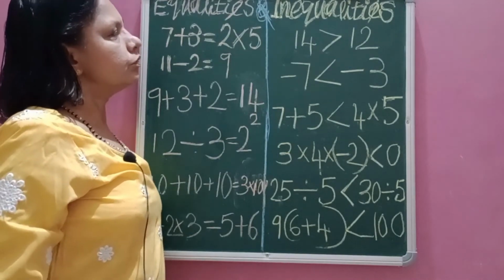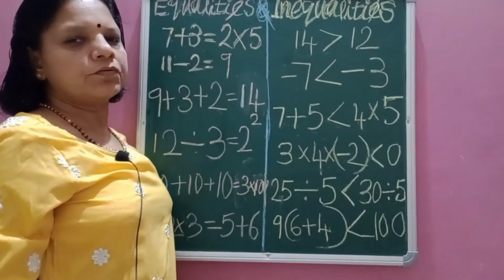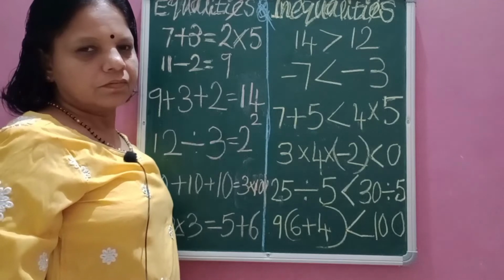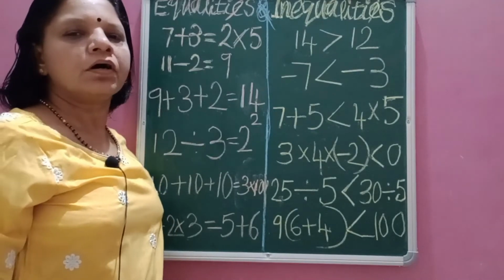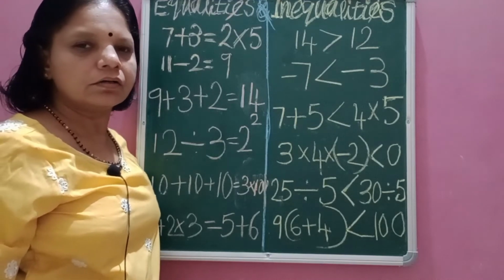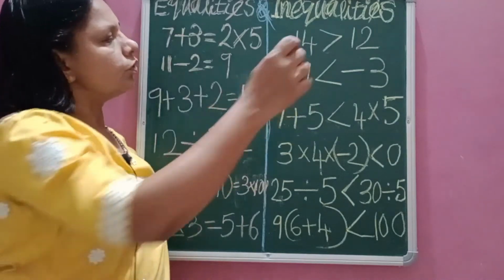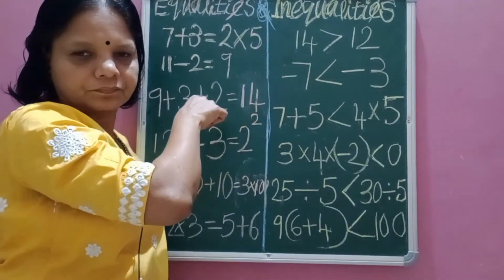Now we will come to what is inequality. It will be definitely the opposite of equality. When two expressions are not equal, then one will be either greater or less. So what are the signs for them? Greater than and less than.